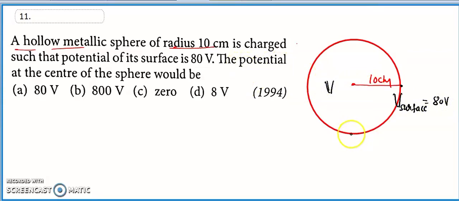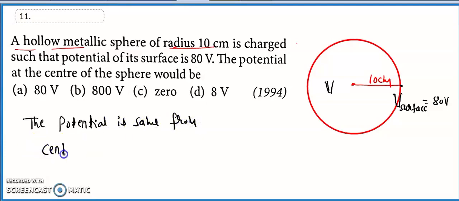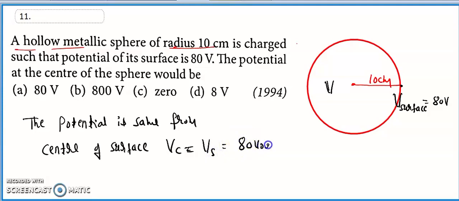The potential is the same from the center to the surface. So the potential at the center is equal to the potential at the surface, that is equal to 80 volt. So option A is the right answer for the 11th question.